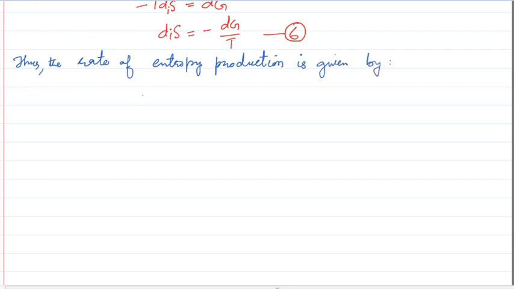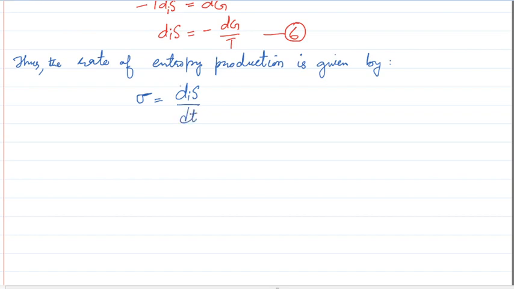So we know the rate of entropy production, or entropy production per unit time, we represented that by sigma, you can follow this from the previous lecture, so it will be equal to dS_I per unit time.